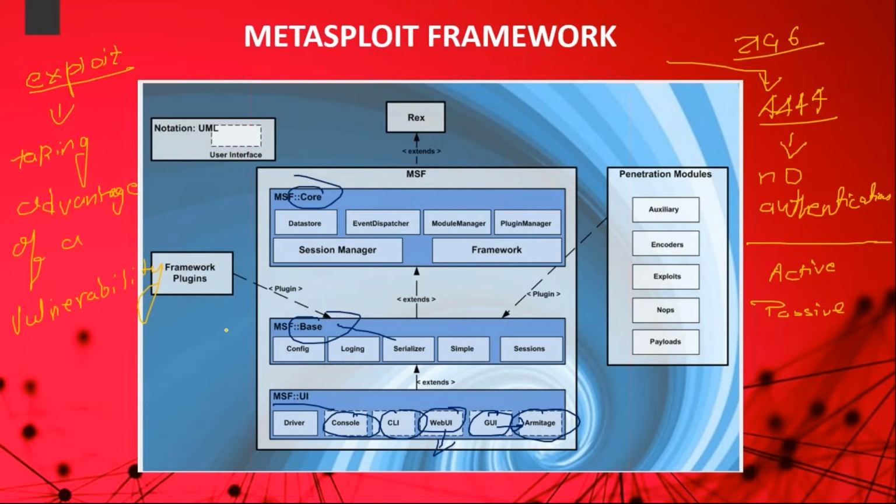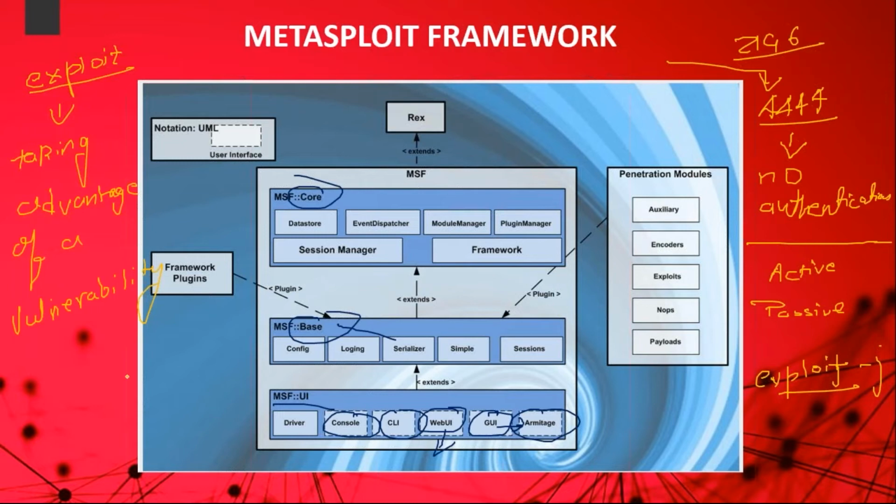So if your exploit is running and you want to do something else as well, you can put that exploit in the background. For exploiting, we write the command exploit, so we will write exploit -j, and it will put that in the background.